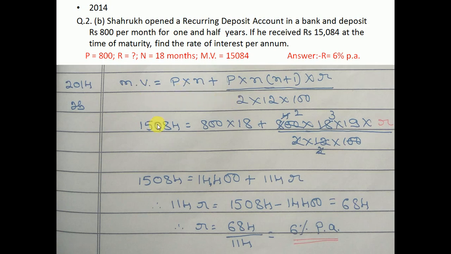Substituted MV, substituted P into N, substituted all the values except R. Then I get 114R here. Shift this to one side, the remaining to the other side, variable on one side, constant on the other side. I get 684 is equal to 114R. R is equal to 684 by 114, which is 6% per annum.